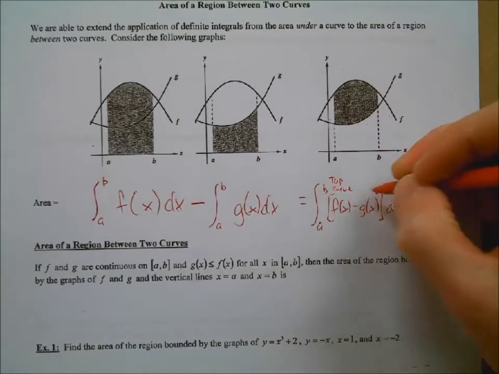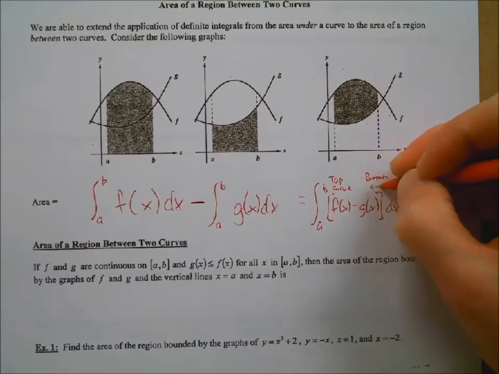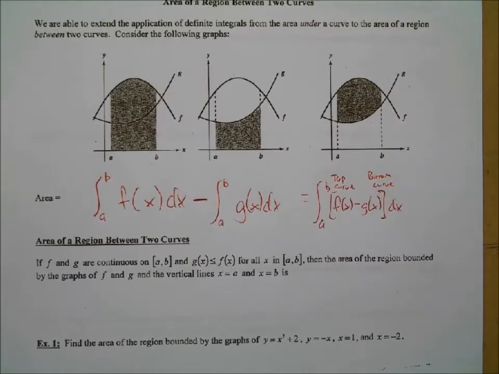We want to take the top curve and subtract the bottom curve, or the greater curve minus the lesser curve. You can think of it that way too. That will be our guideline as far as which one we take first and which one we subtract from that original. So that's the idea. Questions on any of that? That's the main idea.